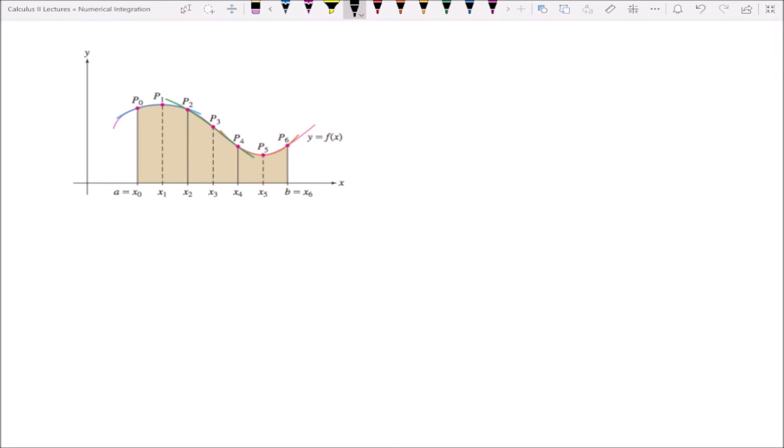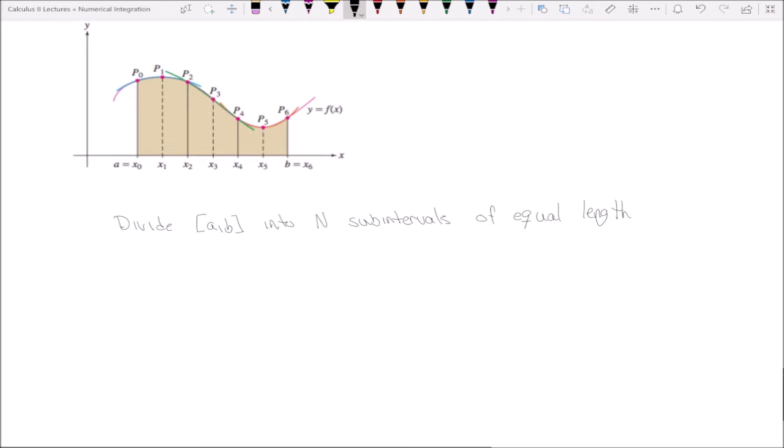All right, so as before, divide the interval a b into n subintervals of equal length, delta x equals b minus a over n. This time, however, we add the stipulation that n must be even.